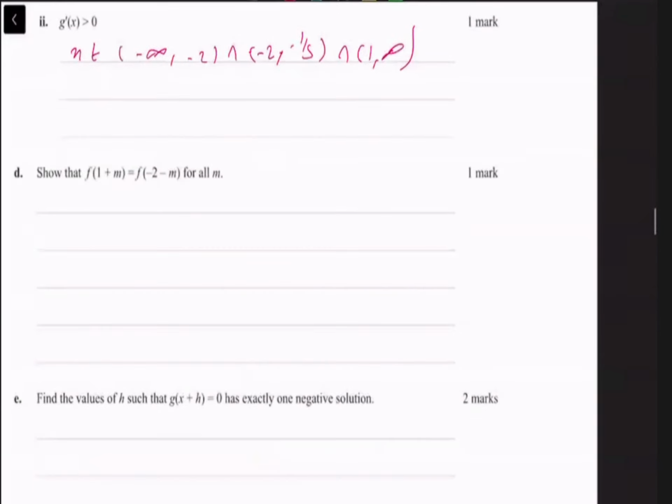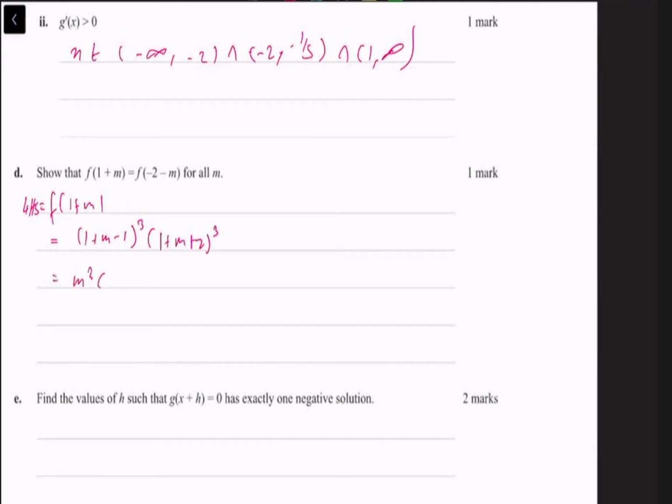So now we have to do the show that question. So f of 1 plus m is maybe all right. Left hand side is this. So 1 minus. Just because it's a show that question, just show that you subbed it in properly before you simplify.